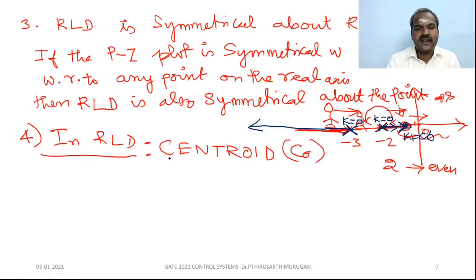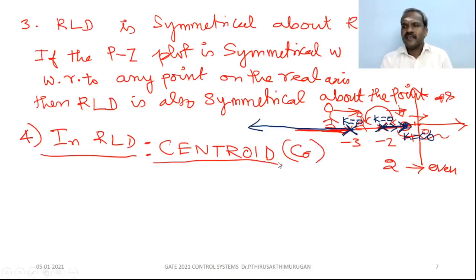So what is centroid? Centroid is the intersection of the asymptotes. What is an asymptote? An asymptote acts as a guideline.